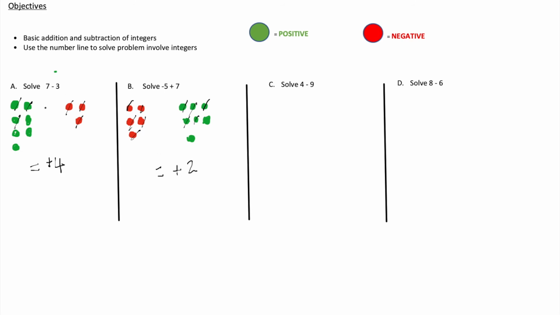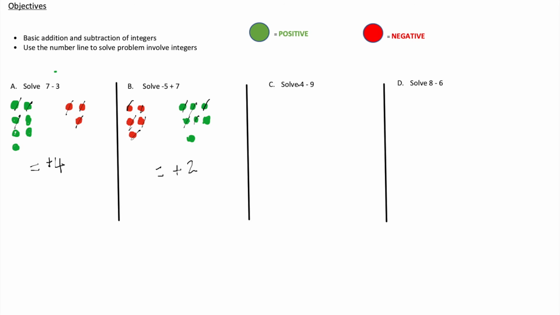Now, based on the 2 examples that we have covered so far, we can see that the sign will always take the place of the larger number, the larger unit. It doesn't matter if it is positive or negative when we're doing addition and subtraction of integers.